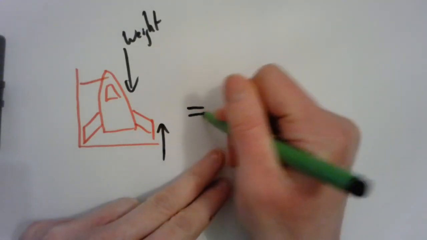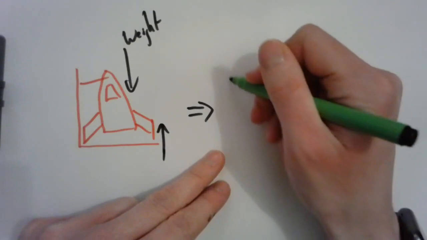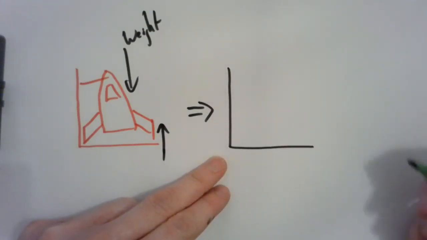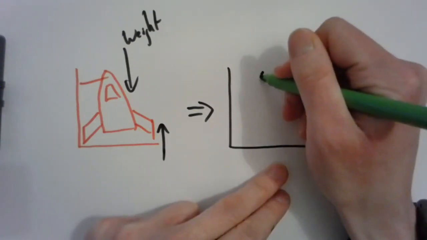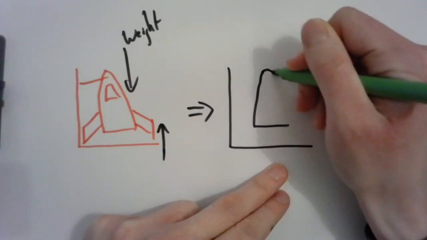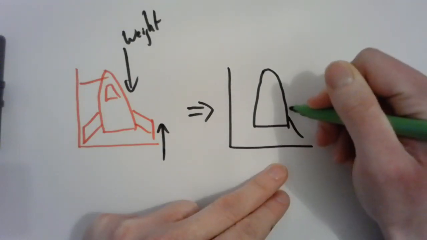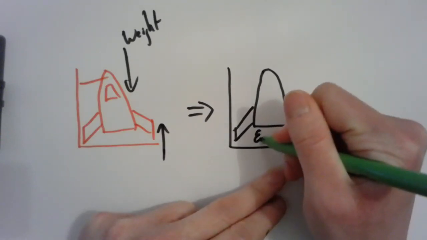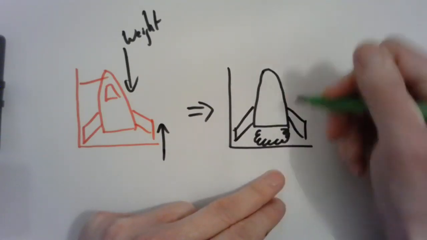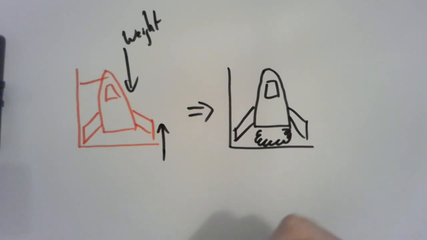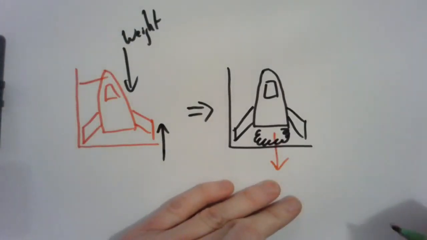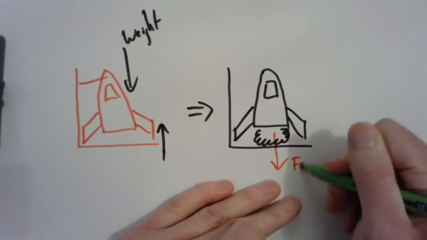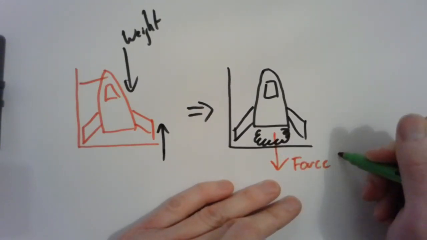When you start a rocket's engines, we'll go at drawing a better rocket this time. When you start a rocket's engines, it releases lots of gas. And that gas exerts a force down, it's expelled, and it gives a force.